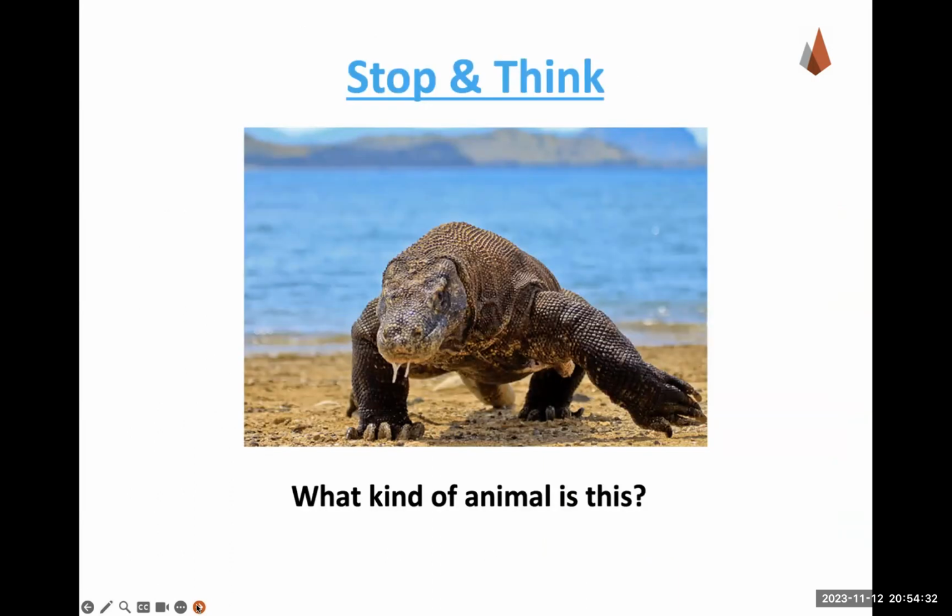Let's stop and think. What kind of animal is this? Going back to our prototype and exemplar theory, have you come up with a label yet? Remember, for prototype theory, we mentally represent a concept based upon a summary representation that has weighted features.